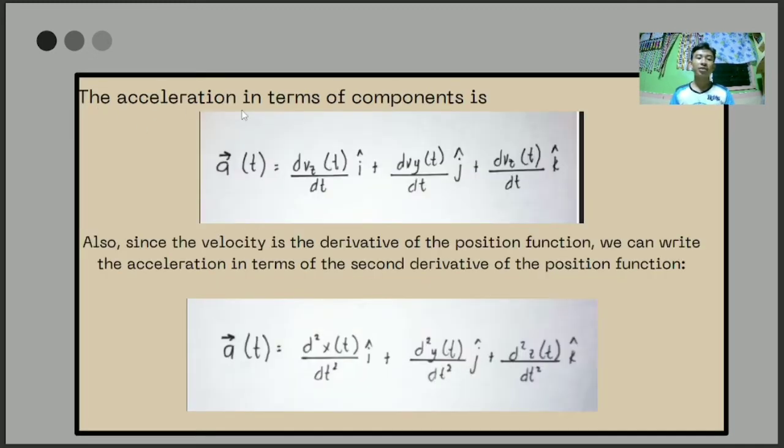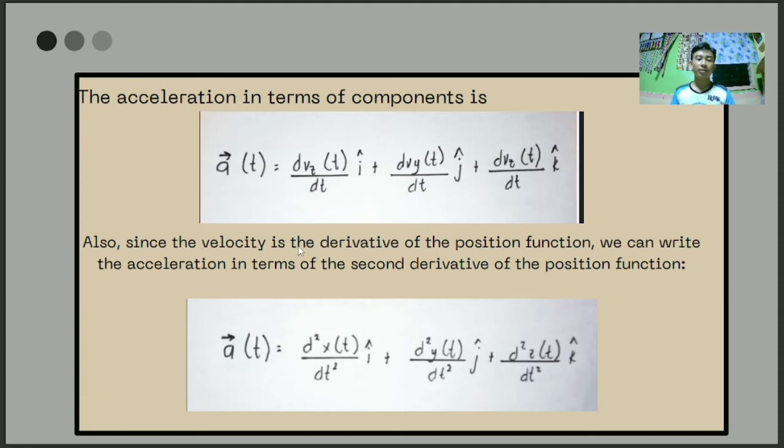And the acceleration in terms of components is the acceleration vector a of t is equal to dv sub x of t over dt i hat plus dv sub y of t over dt j hat plus dv sub z of t over dt k hat.